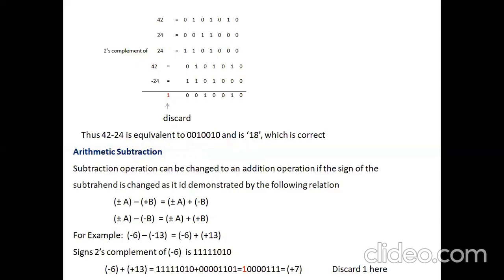So now let us go. If you take an example of minus 6 minus of minus 13, which is the second case, plus or minus a minus of minus b, in that way the example is there.